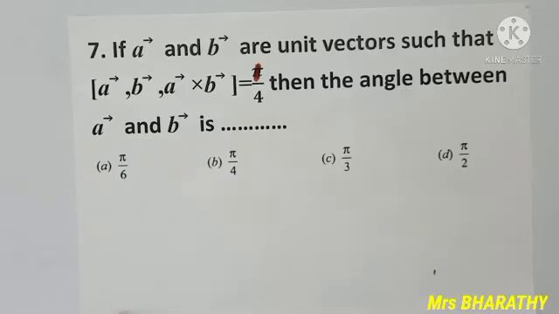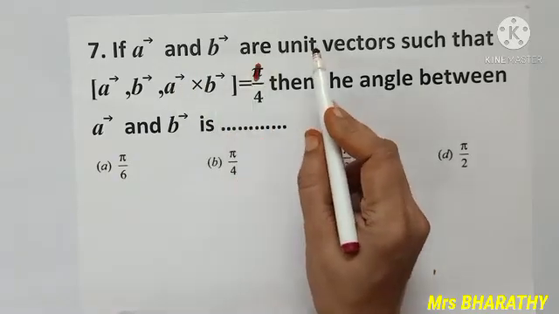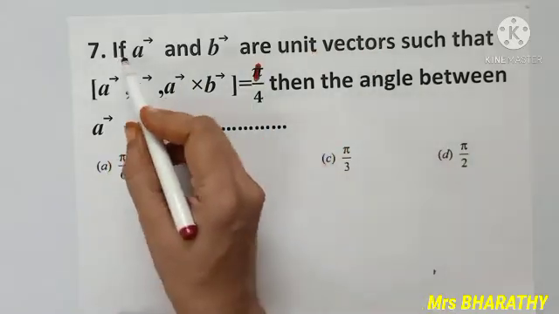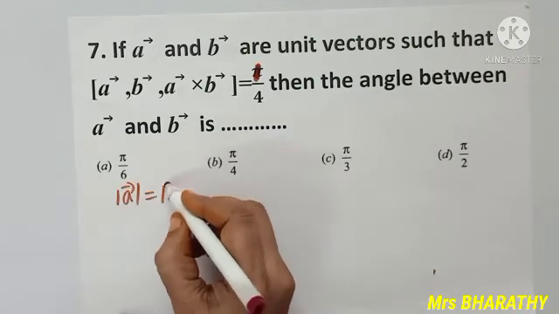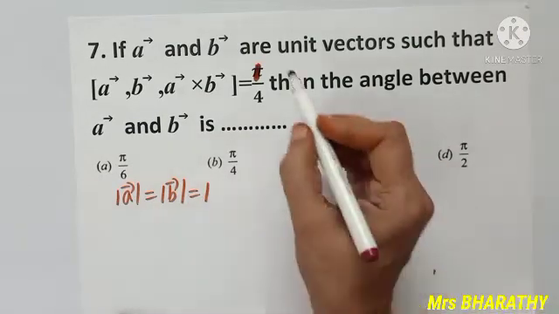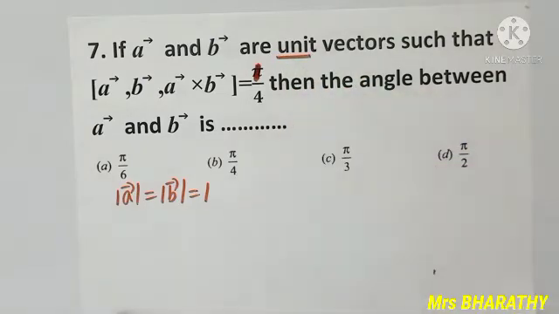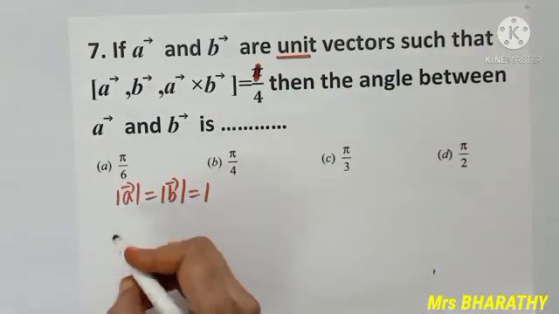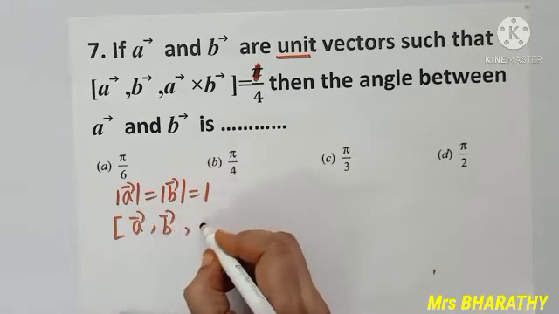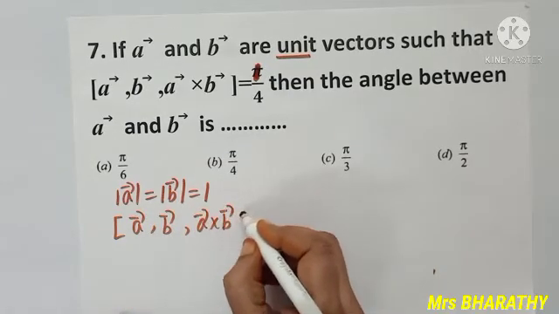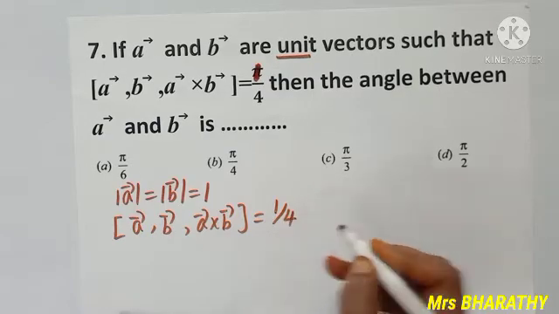Question number 7. If A and B are unit vectors. As soon as I read it, let me remember mod A and mod B are equal to 1 because they are unit vectors. We are given the box product of A vector, B vector, A cross B vector is 1 by 4.